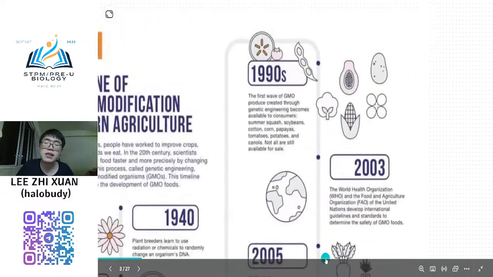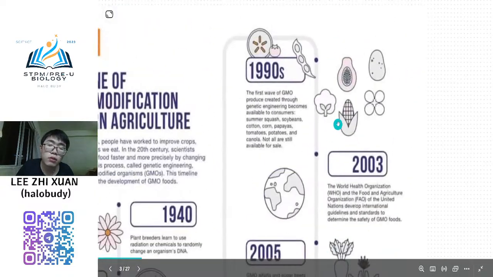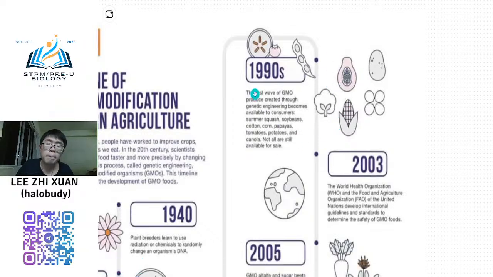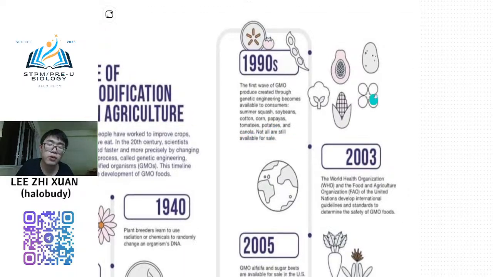And then you see here, they applied it to many plants: summer squash, soybean, cotton, corn, papaya, potato, canola. For all of these, scientists have started to modify their genes. But nowadays, not all of the products can be sold in the market.